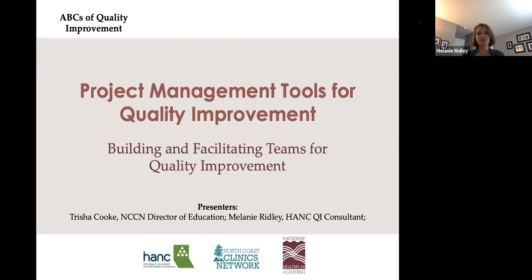And today's session is designed to provide a high-level overview of project management basics for improvement teams and to take an in-depth look at the tools and strategies for using team meetings to keep momentum in your improvement efforts and to effectively plan, execute, and spread your team's change ideas.